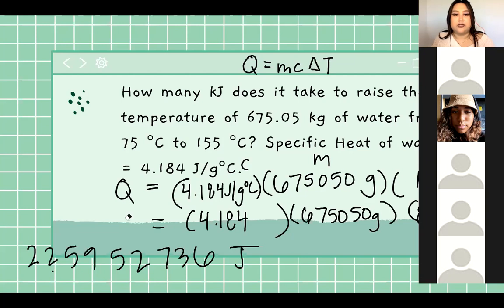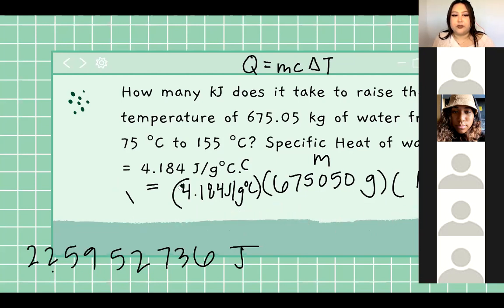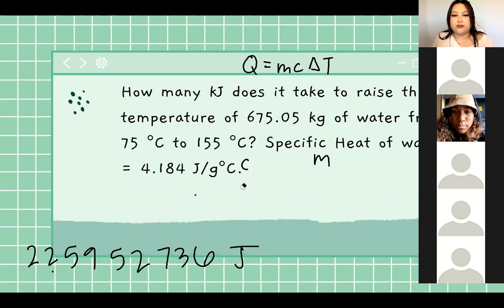So let me erase this part. Let me divide it by 1,000, because we would multiply it by 1 kilojoule over 1,000 joules to cancel out the units.